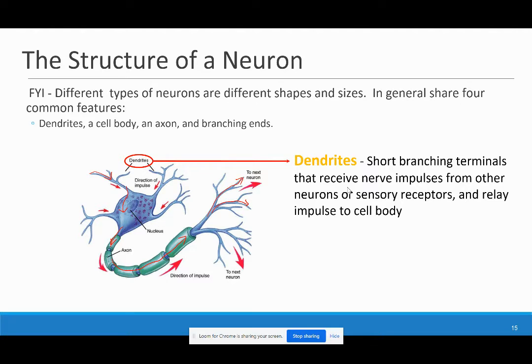So, for example, in your eye, there are photoreceptor cells that detect light stimulus, and that would generate a nerve impulse that would travel through a sensory neuron. The dendrites would synapse or connect. And when I say synapse, neurons don't actually physically touch each other. There's a gap or a space there called the synapse. And then they're going to relay and carry that signal to the cell body.